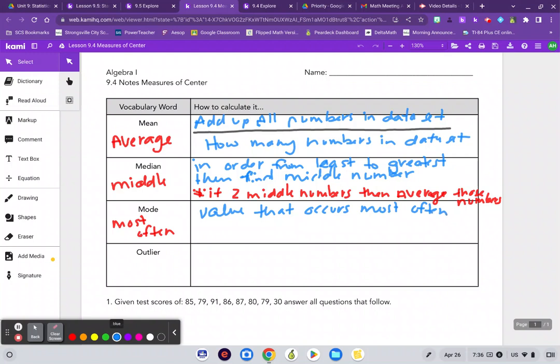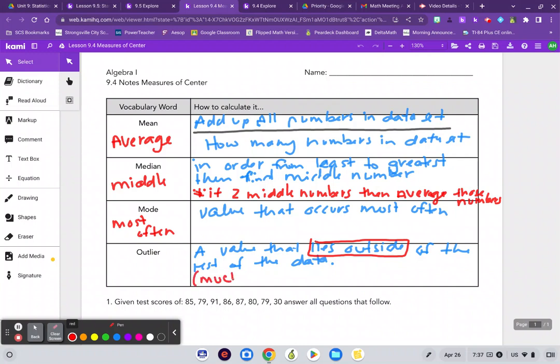And an outlier is a value that lies outside of the rest of the data. So I'm going to box off lies outside. Outlier lies outside. So it's either much smaller or much larger than the rest of the data.